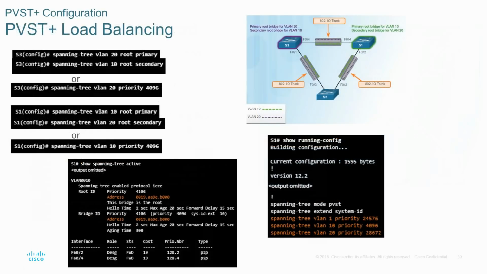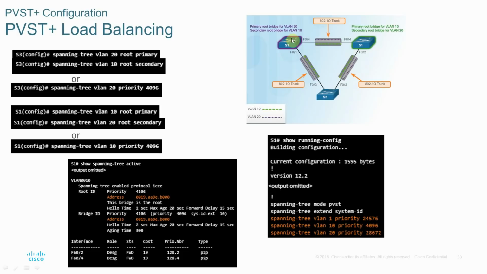Now PVST load balancing, you can see here. This link is for two different VLANs; suppose this link is for VLAN 10 and this link is for VLAN 20. Both links are used simultaneously, so they can be used for load balancing as well. This is the command you can use: spanning-tree vlan 20 root primary.